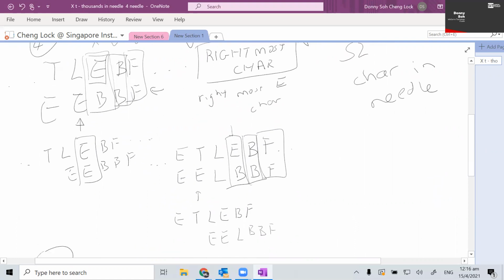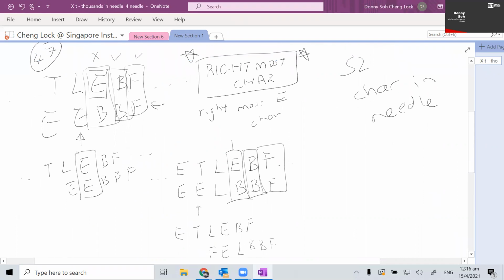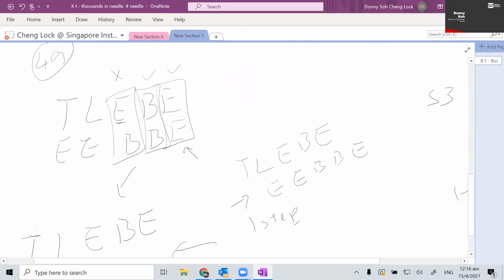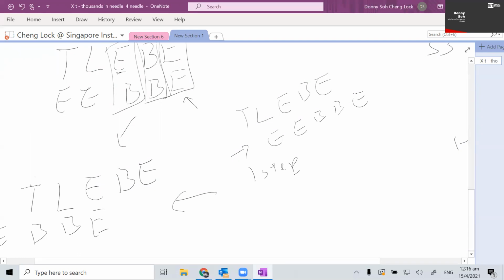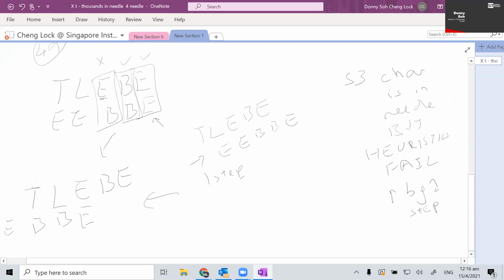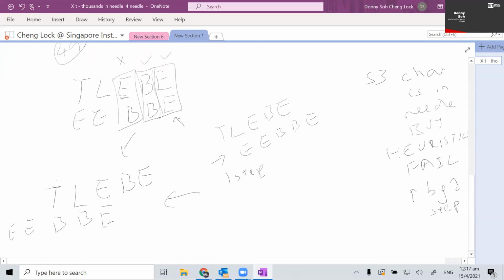However, if it doesn't work, if you are moving your needle back, you will have fallen under scenario 3, whereby your character is in the middle, but the heuristics is not helping. And so in that situation, you just need to increment your needle by 1. And that will be able to resolve that situation.